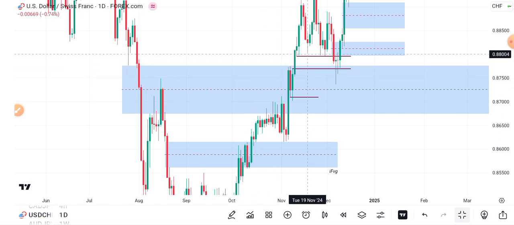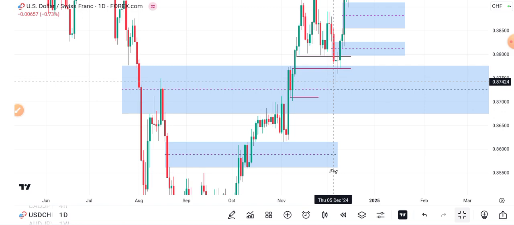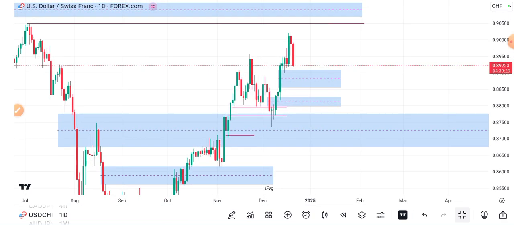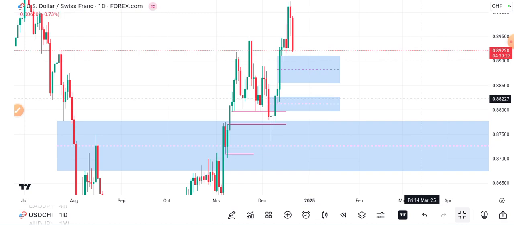Now this was the small little fair value gap on the weekly fair value gap. So price still entered into the weekly fair value gap like that, and after entering into that fair value gap, it broke this fair value gap here, forming an inversion fair value gap. And then what do you see?